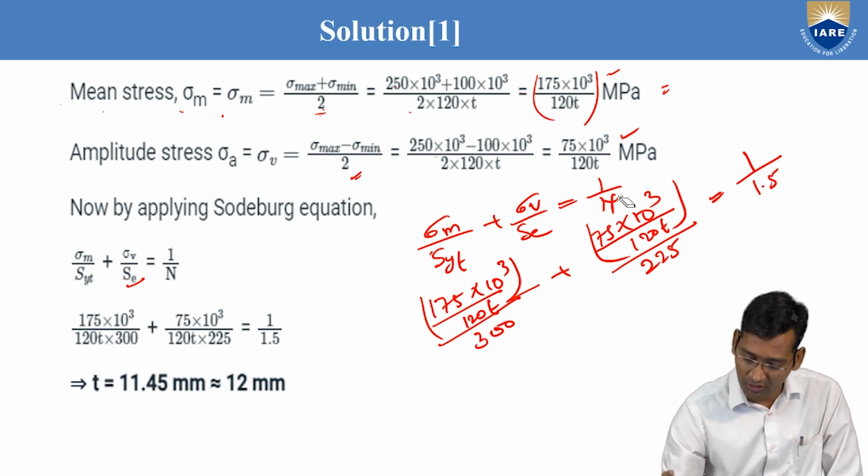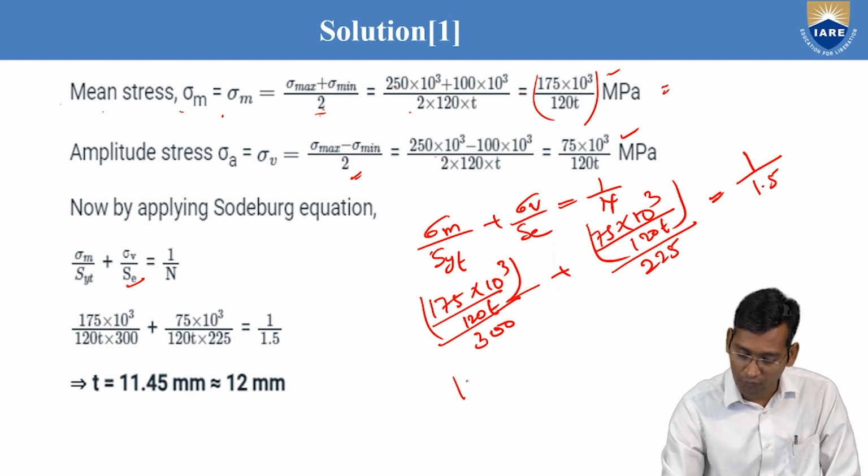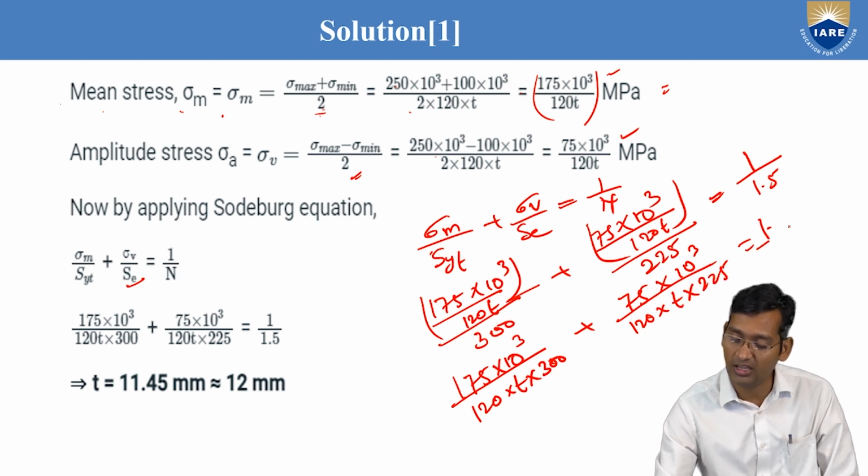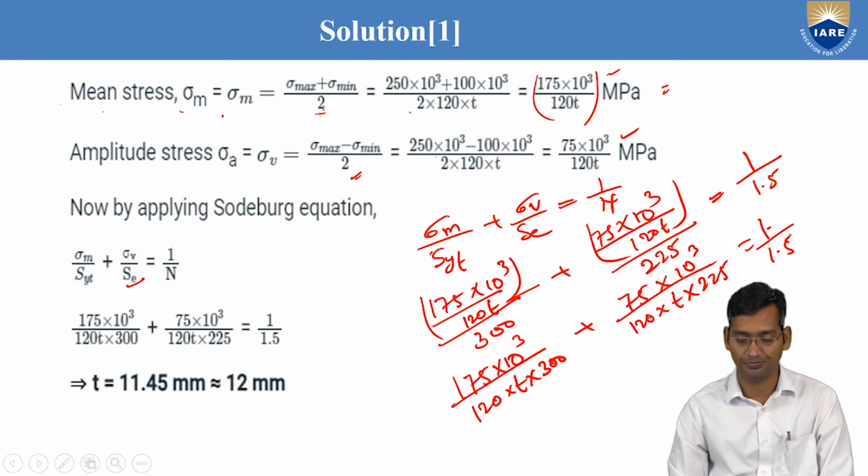So now after this, what can we write? Just simplifying: 175 into 10 to the power 3 divided by 120 into T into 300, plus 75 into 10 to the power 3 divided by 120 into T into 225, equals 1 by 1.5.